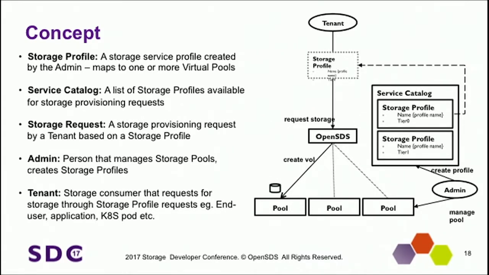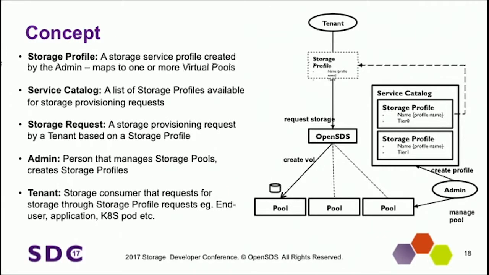But the idea here is that there will be multiple profiles. They will make up a storage service catalog. And out of this service catalog, the tenant will pick the storage profile. Or in certain cases, this storage profile will be picked automatically, depending on the use case.